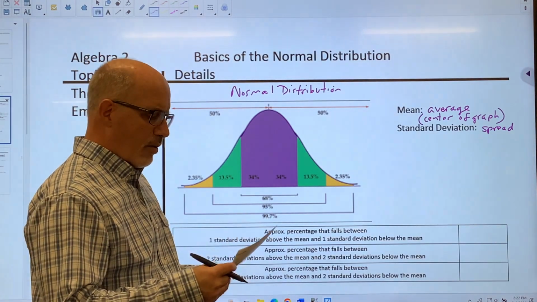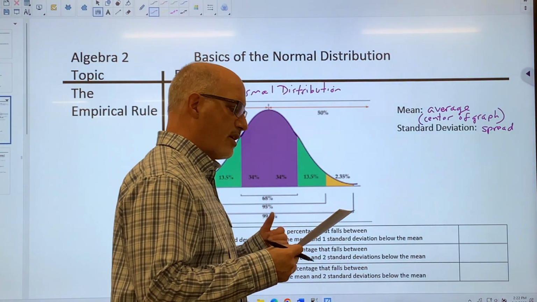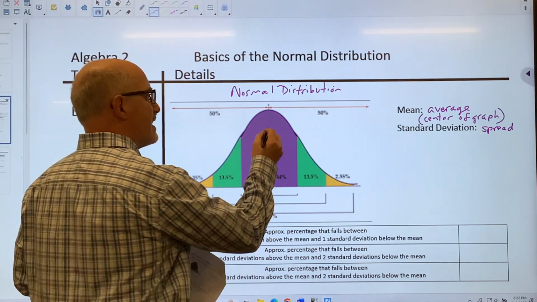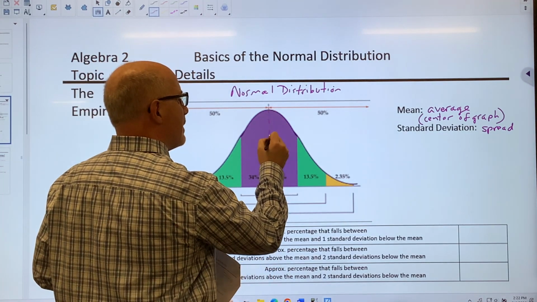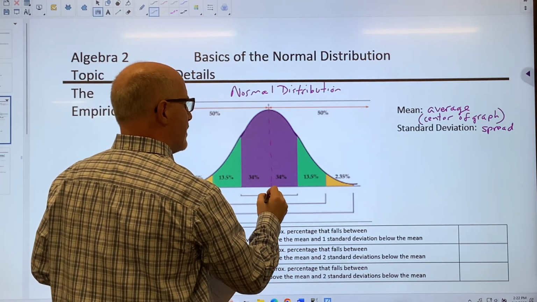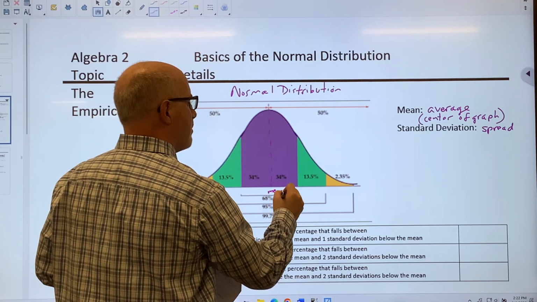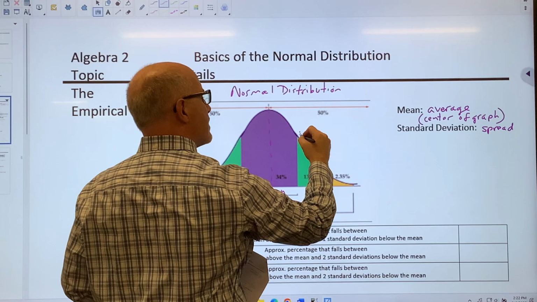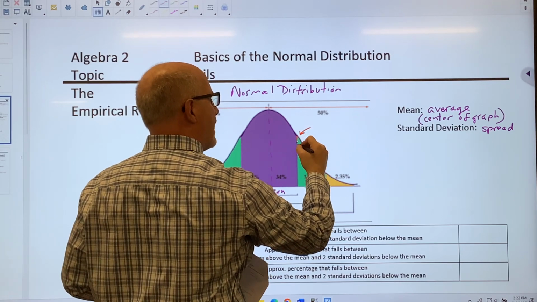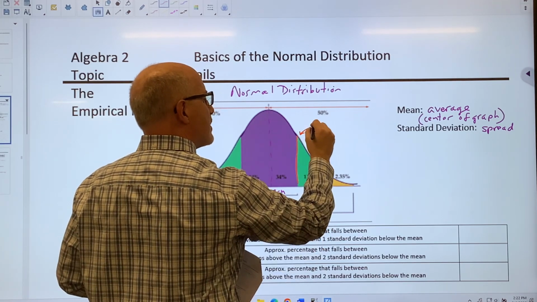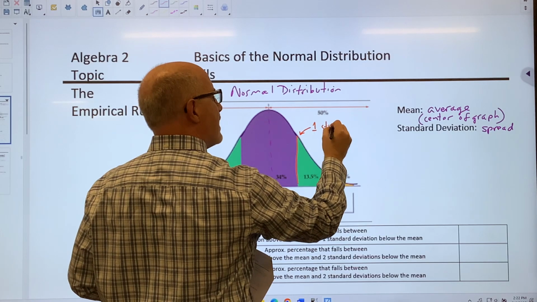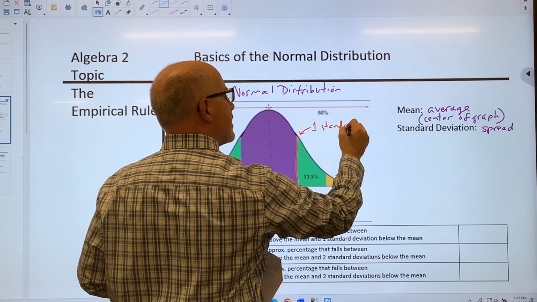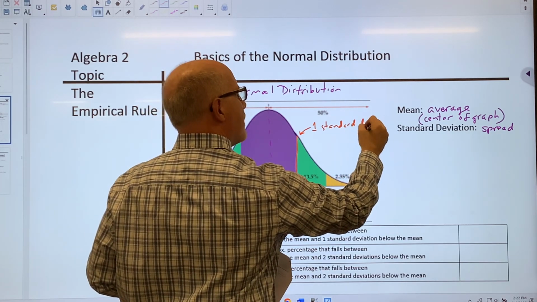So when we look at a graph like this, what you have to recognize is that the mean is right in the middle of the graph. And then this line here represents one standard deviation above the mean.